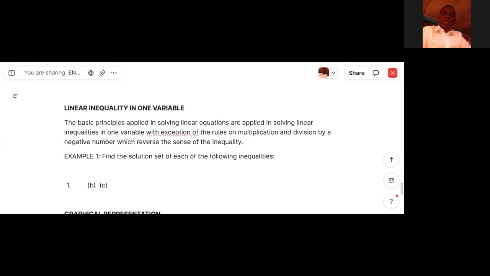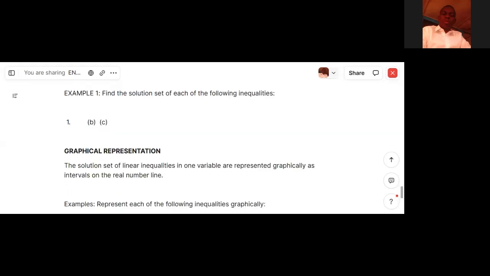Oh, my examples are not coming up. Let me see if I can pick. Okay, the examples we have are for you to find the solution sets of the following inequalities.